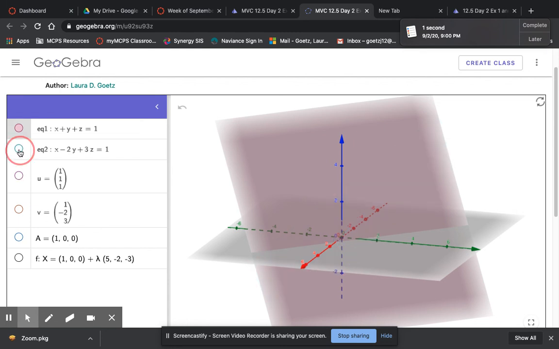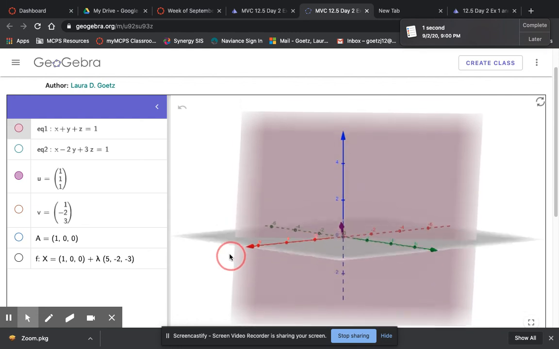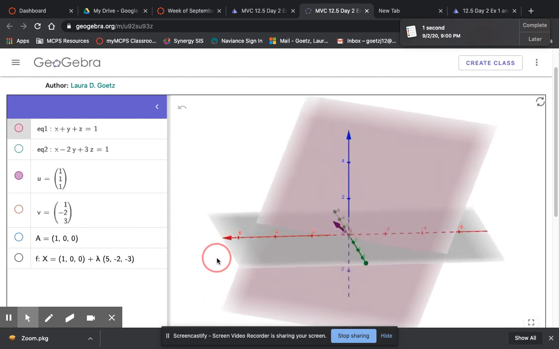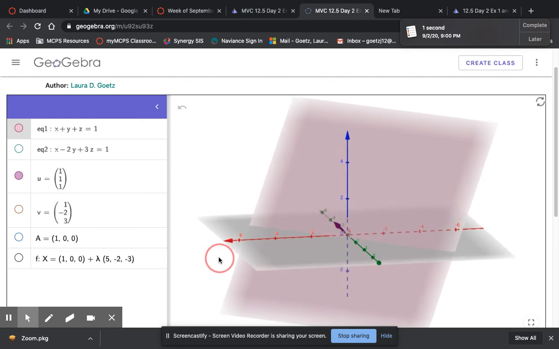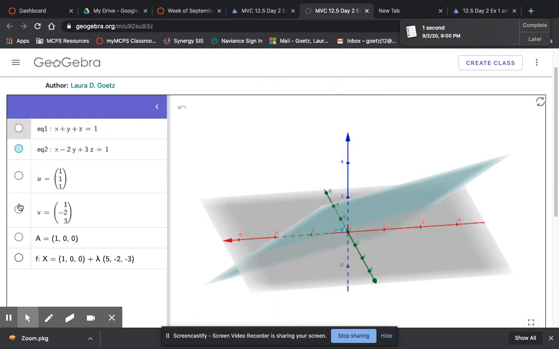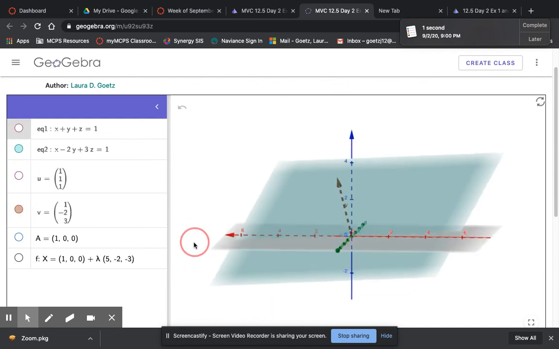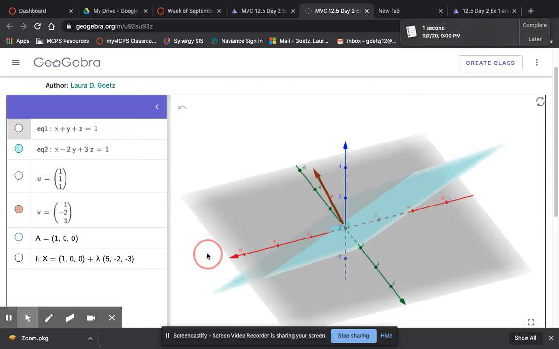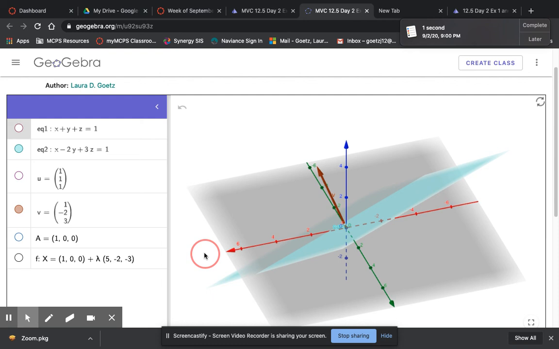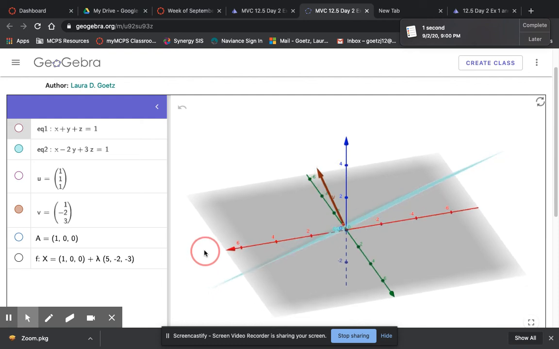Here is the vector that is normal to the pink. Can you see that? That vector is normal, perpendicular to the pink. This is the vector that is perpendicular to the blue. Right? And I just got those from the coefficients, right? 1, 1, 1.